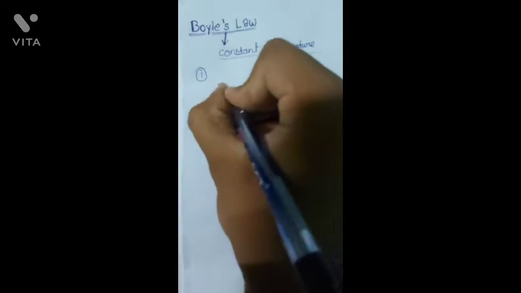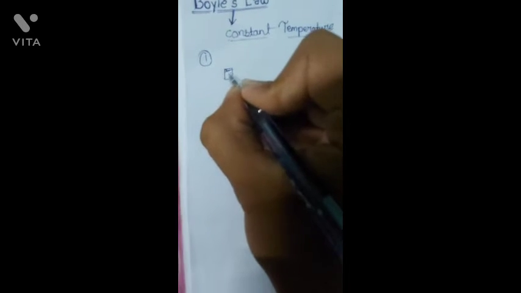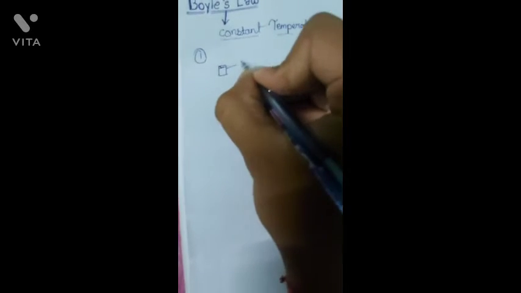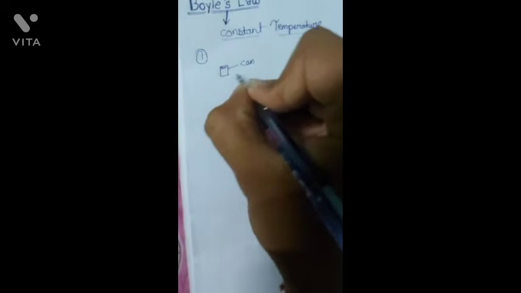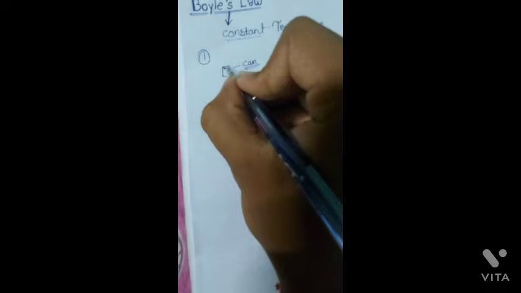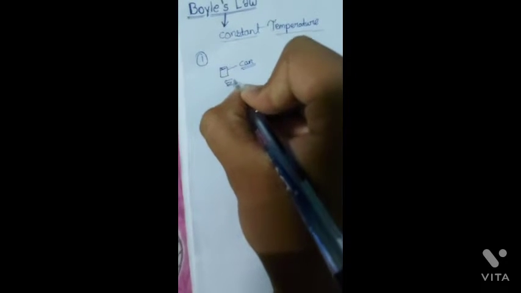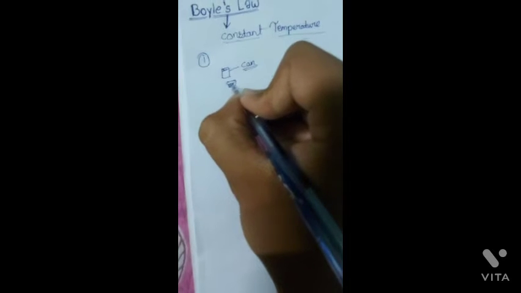For example, suppose we take a Pepsi can or any steel can we get in the market. When you drink it and it is empty, when you compress it, it becomes flattened. At that time you applied pressure.